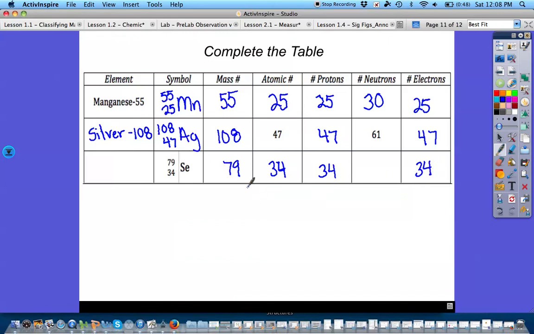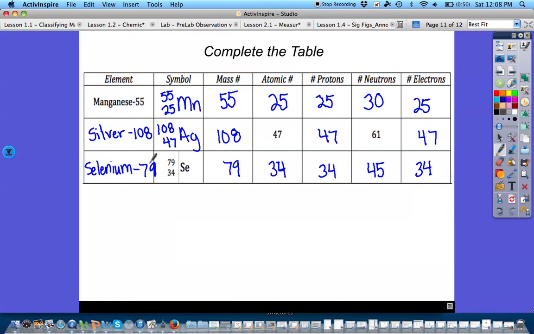Mass number minus the atomic number is going to give the number of neutrons. So 79 minus 34 should give us 45 neutrons. And then we said that the name of this is selenium. Mass number is 79.